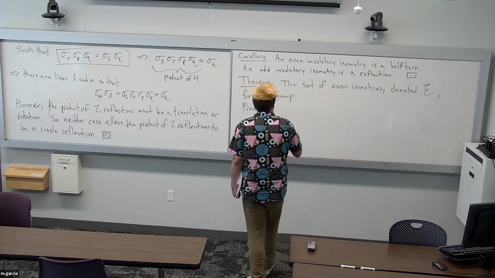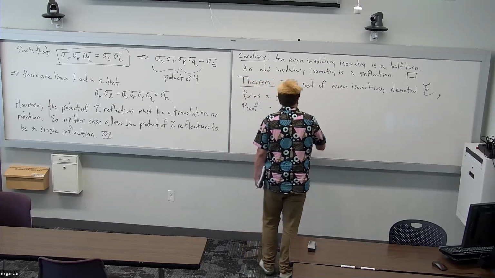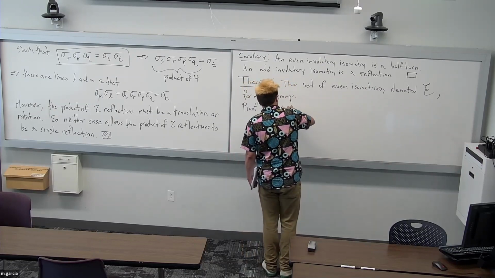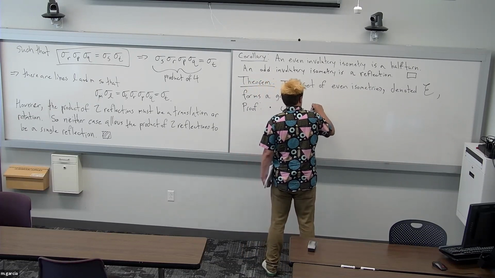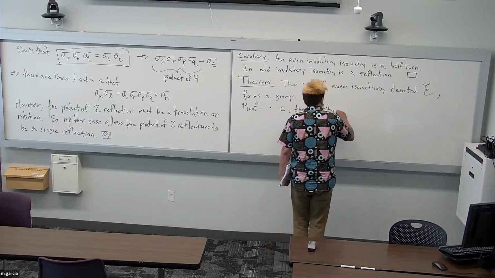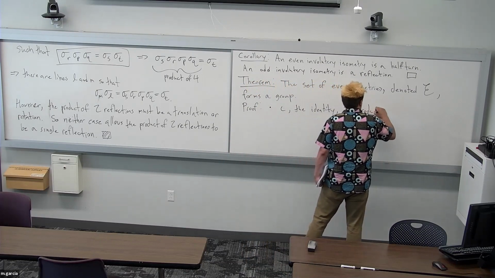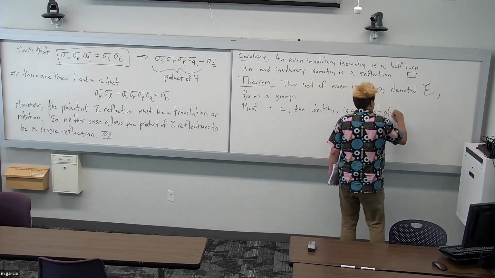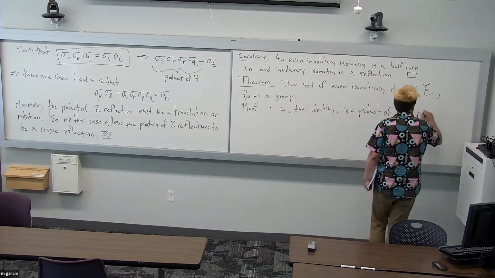So that is to say, in other words, iota, the identity, is a product of 0 reflections.